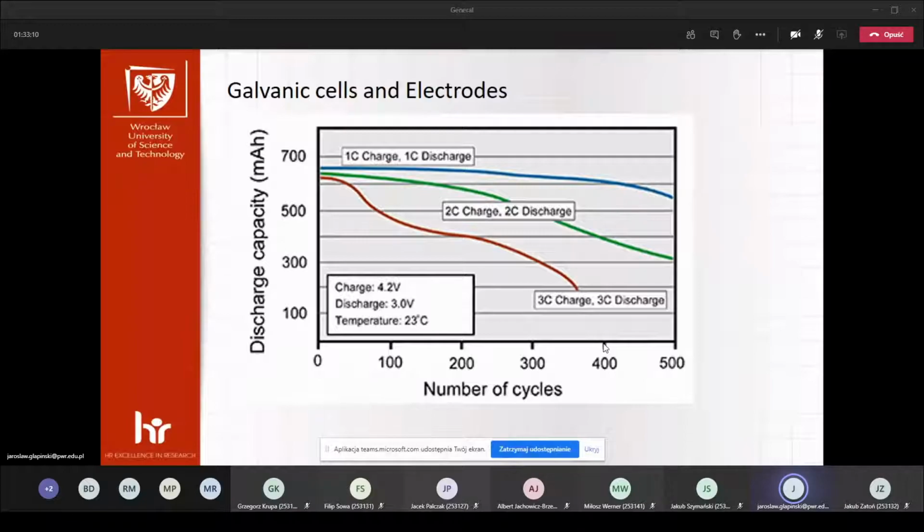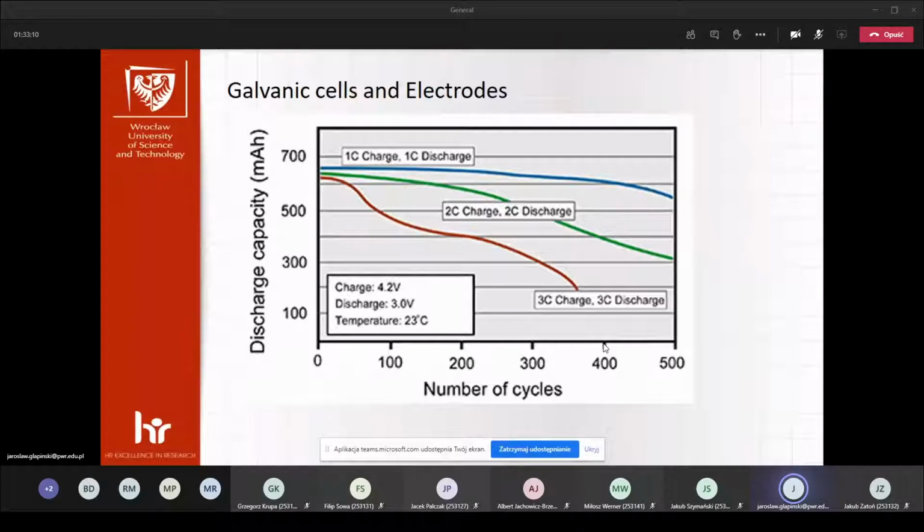and this accumulator was developed with lithium cobalt oxide in 79, but they had some safety problem, because they are very explosive. So they replaced the cobalt oxide with lithium ions.